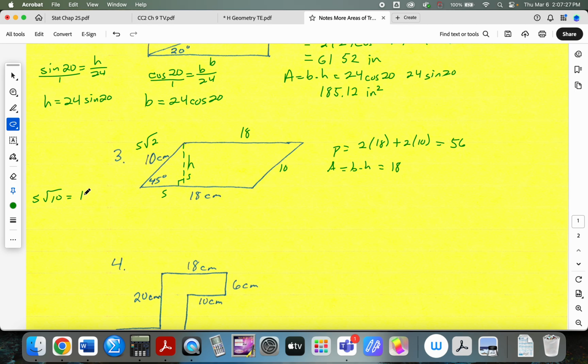So s square root of 2 is equal to 10. We'll divide both sides by the square root of 2 and rationalize the denominator. So it's 10 square roots of 2 over 2, which is 5 square roots of 2.